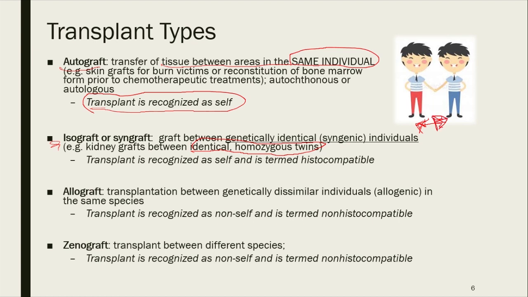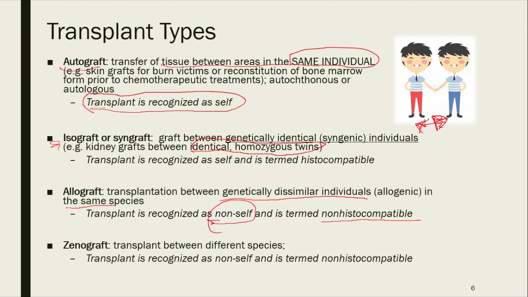And allograft is between genetically dissimilar individuals of the same species. These would be recognized as non-self and termed non-histocompatible. Without any intervention, without any immunosuppressant drug, these are not totally compatible in many cases.